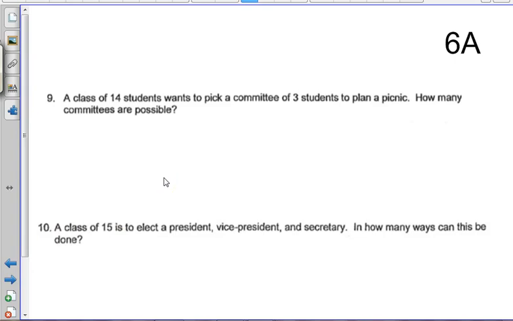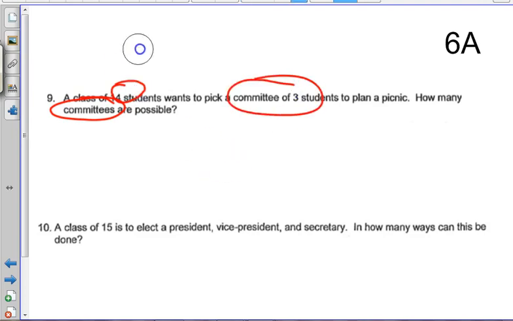The next one she picked was 6A, 9 and 10. There's something like this on the quiz, I think. Are we good? The difference between these? Committee of 3 out of whatever that said before I scribbled on it. 14?